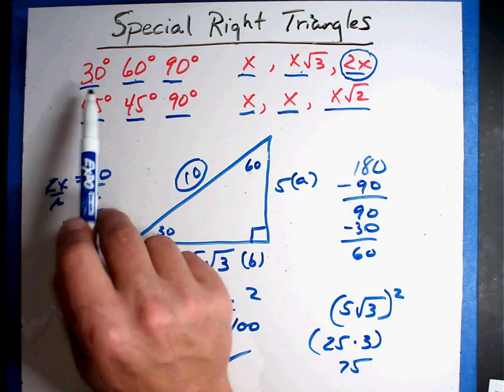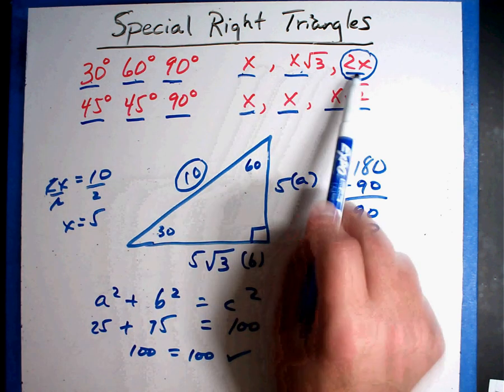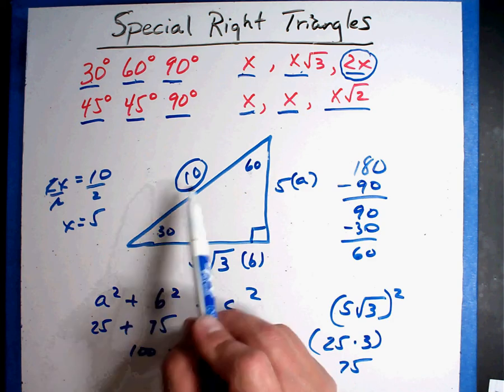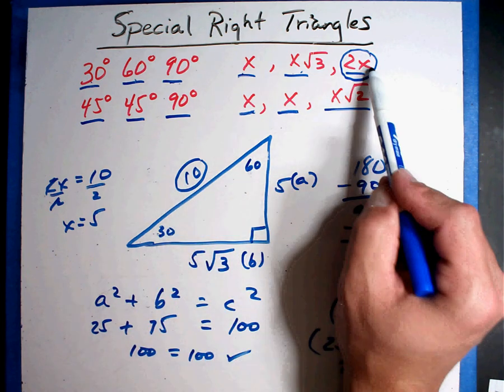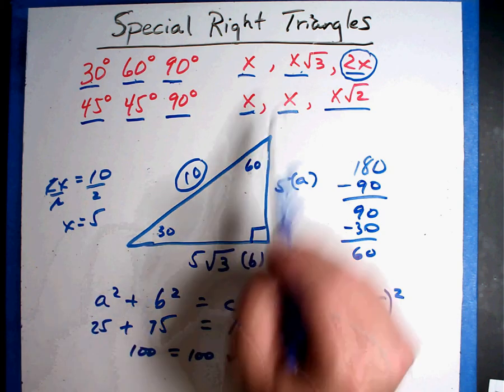So if I follow the pattern here, 30, 60, 90 is x, x square roots of 3, and 2x, I can figure out my answer pretty easily. Since they gave me the 10 and it was equal to 2x, I figured out x was 5. And then I knew they match up.